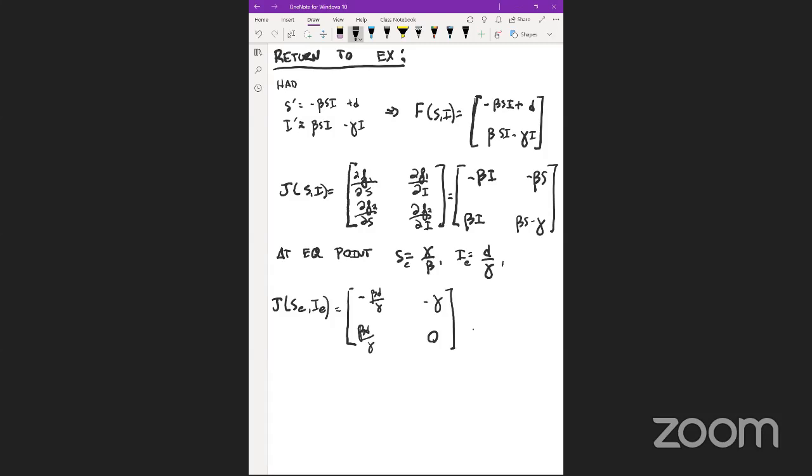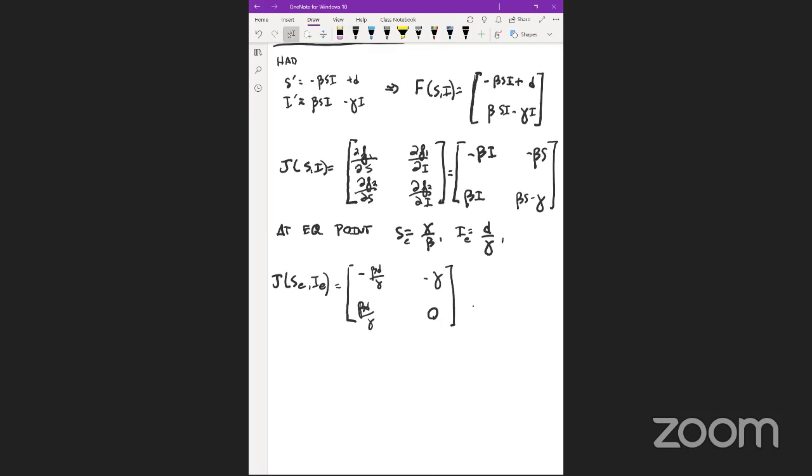So now, to increase our layers of complexity, we go back and do what we did last week. We want to classify solutions, and what that means is we want to understand the eigenvalues.